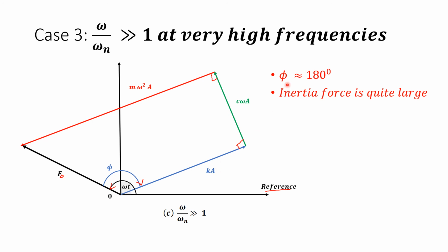So phi approaches 180 degree, and inertia force is quite large because it has a term m omega square A. Omega is quite large.